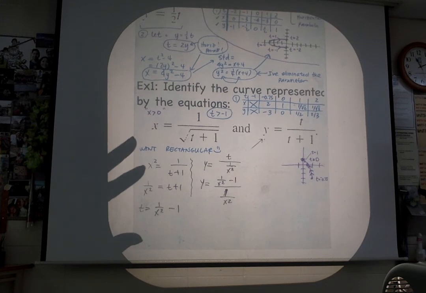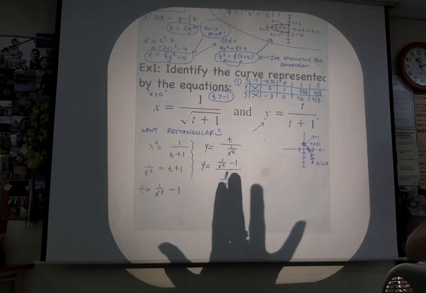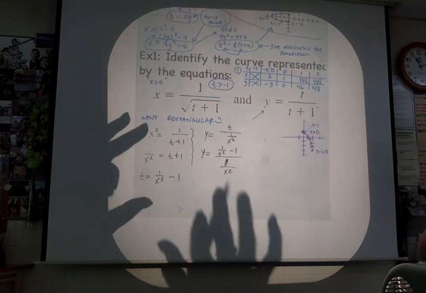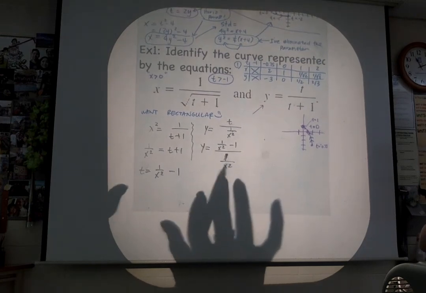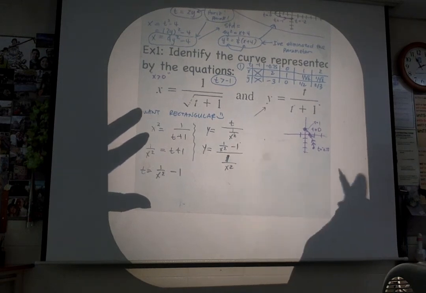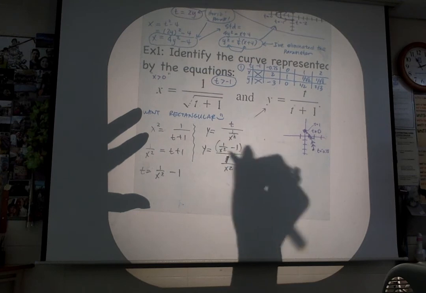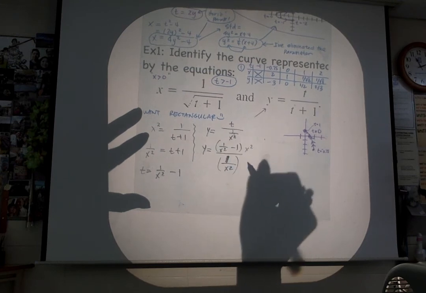Now what happens here? Remember our goal. Now wait, this is good. Maybe somebody out there is going to say we've eliminated the parameter. But let's make it nice and neat, right? So we can tell that it's going to be a vertical parabola. I'm going to multiply top and bottom by x squared.